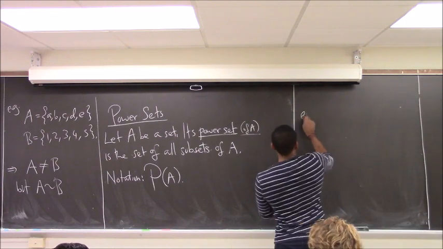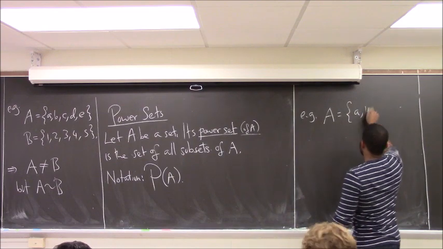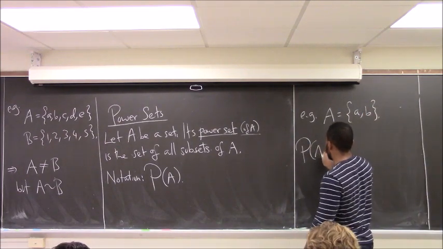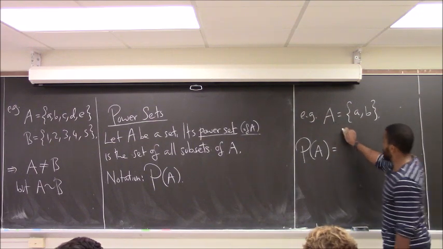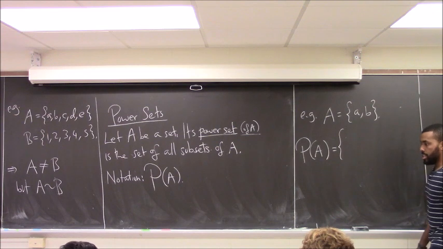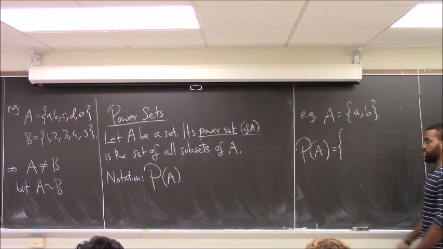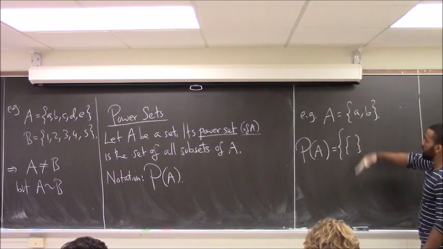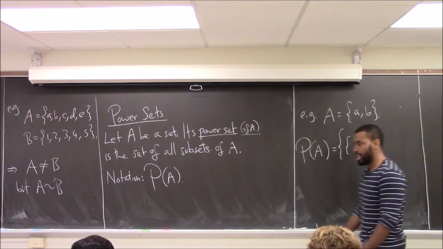I'm going to do an example right now. Let's say A is {a, b}. What would the power set of A look like? Basically, the idea is you want to create another set of sets. So you're going to collect pieces of A in it, all possible pieces that you can dissect A into.